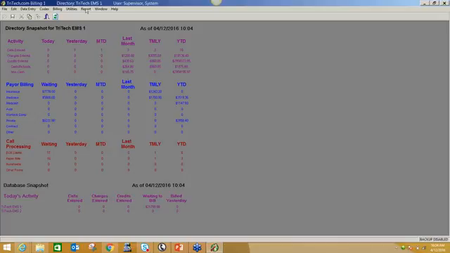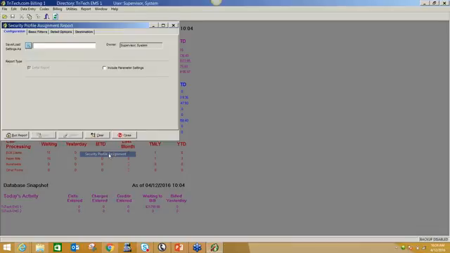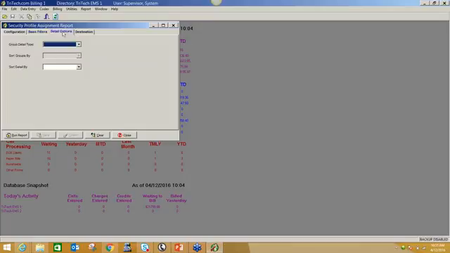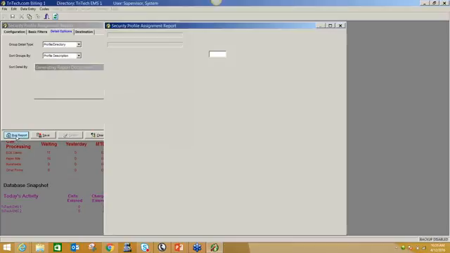If you're wondering what your profiles look like and who they're attached to, we do have a profile assignment report. Under the reports drop down, the profile assignment report allows you to choose a specific user or a specific profile type if you would like to, or you can run it wide open and see, well, gosh, what profile is attached to everyone in my staff codes based on the profile.